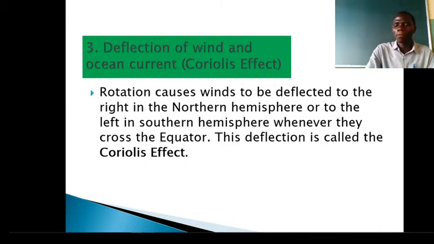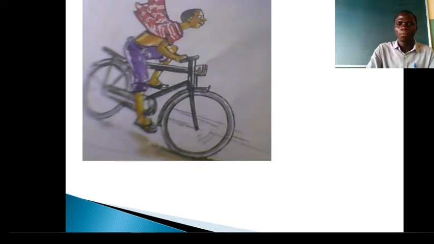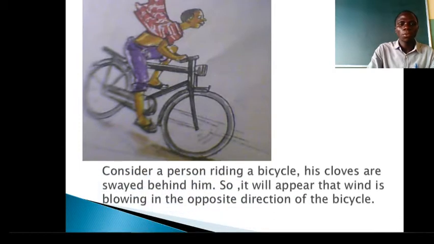Let us have an example here in our everyday life. You observe this image, a man who is riding a bicycle. Consider a person riding a bicycle. You see his clothes. His clothes are swayed behind him. You can ask why.